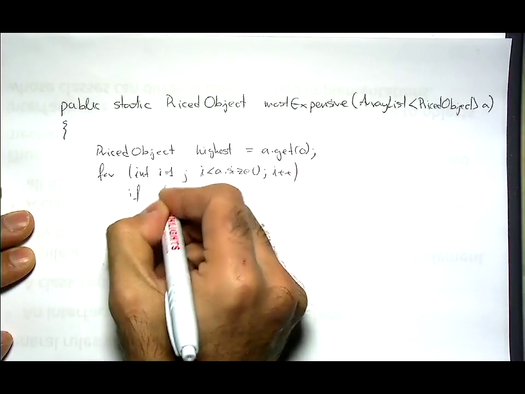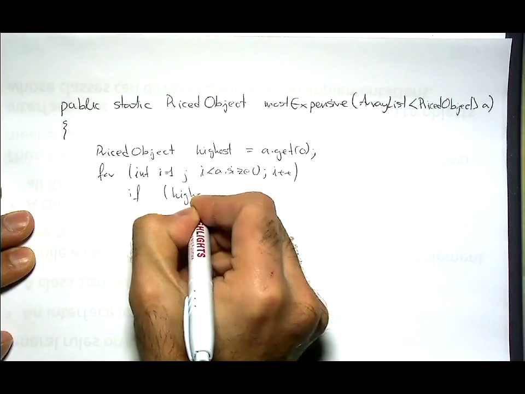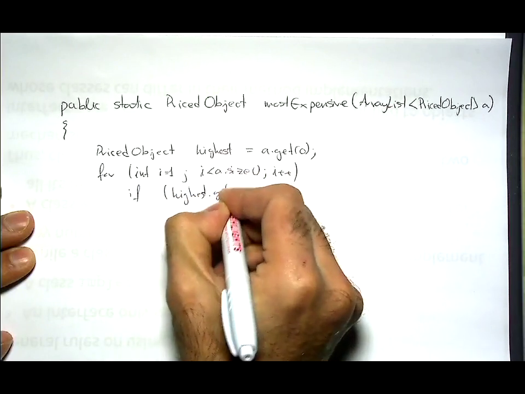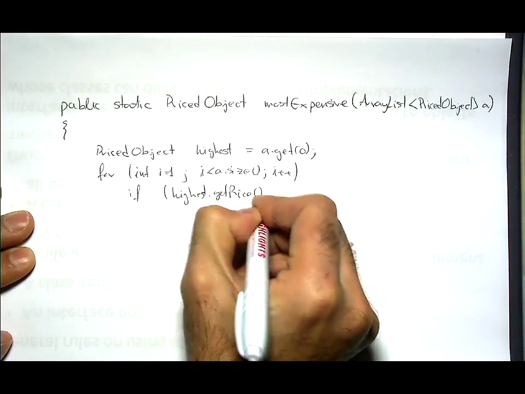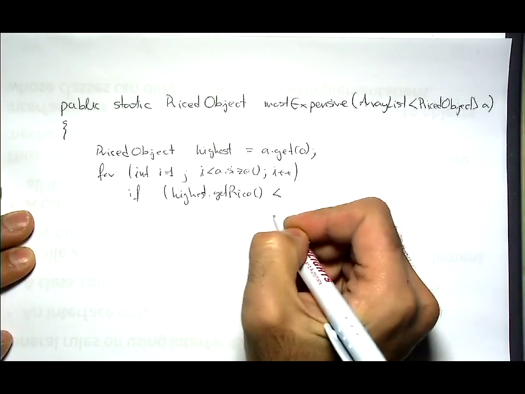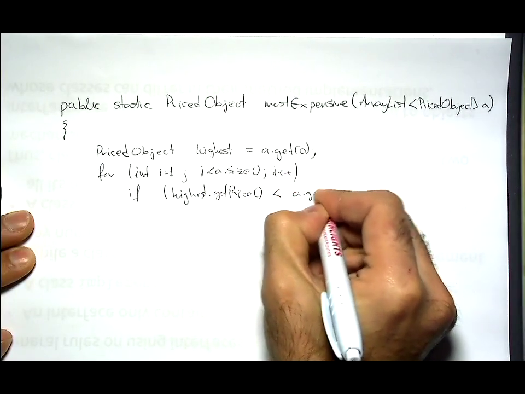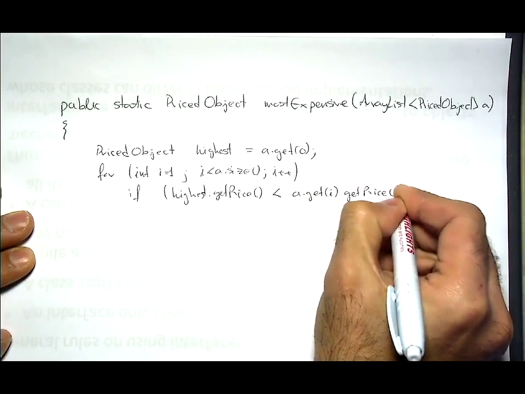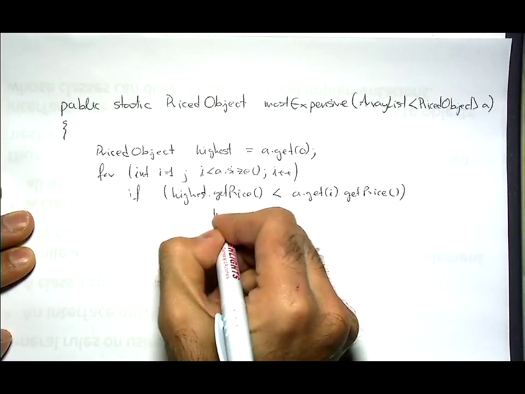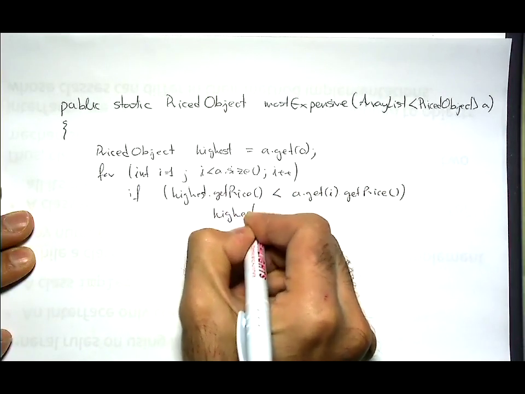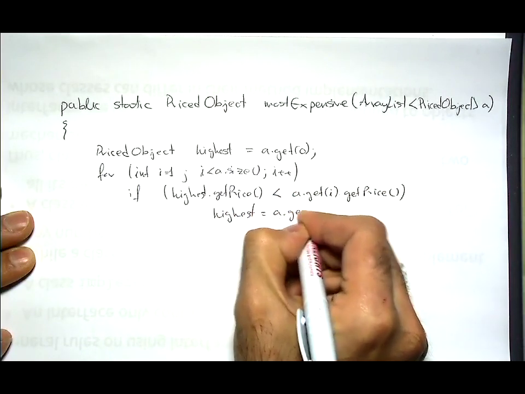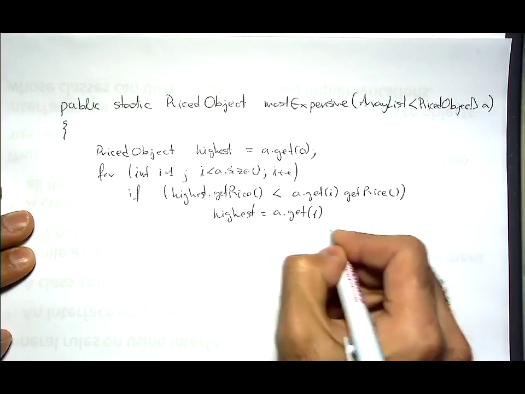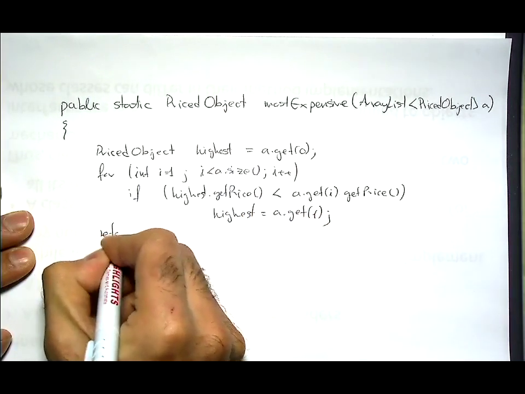And I say, well, if highest.getPrice is less than the price of the ith element, then set highest to be the ith element, and then return the highest.